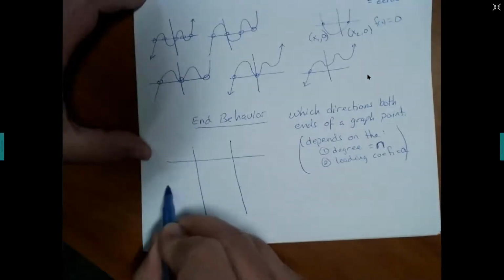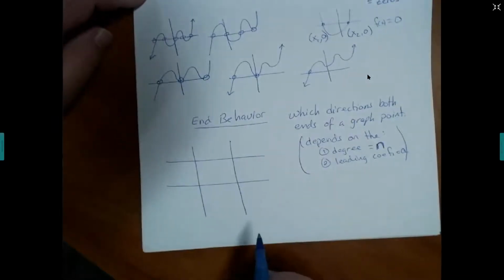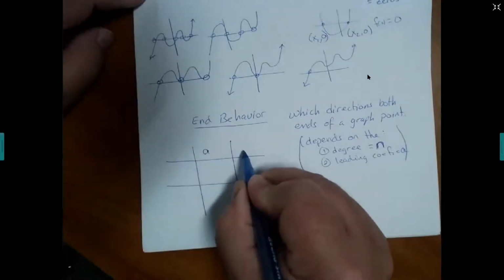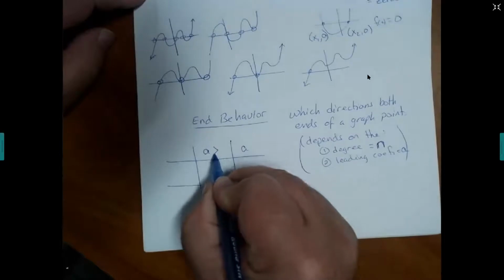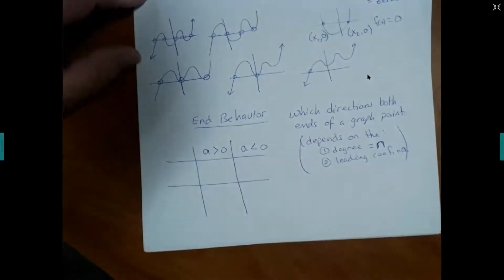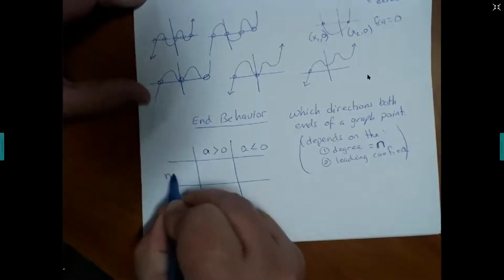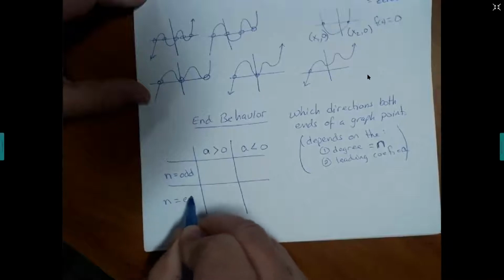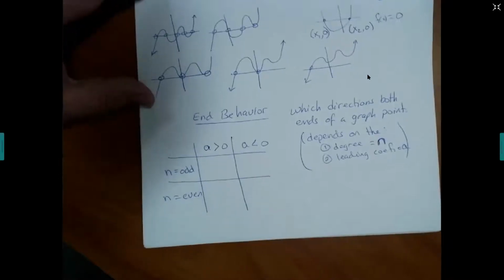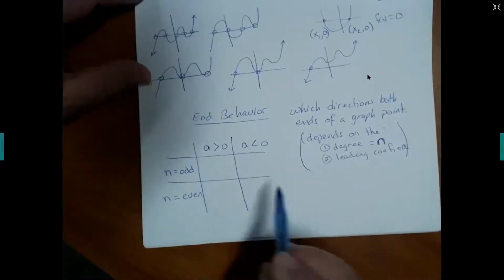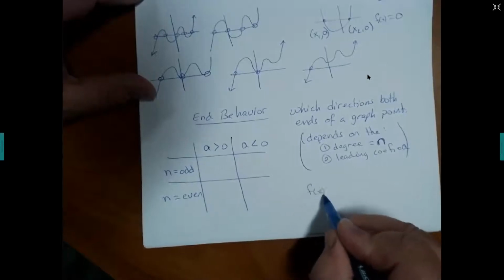So with that, we can have a little matrix here. A could be positive or A could be negative. N could be odd or N could be even. Remember, this is always, always, always the leading term, no matter what polynomial you have.